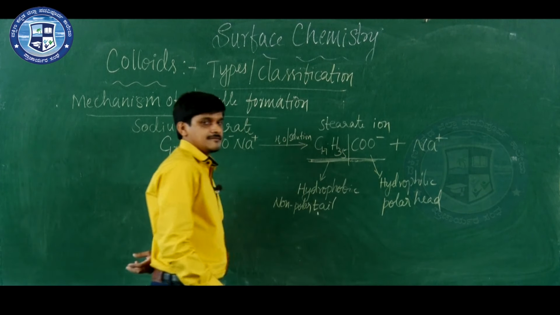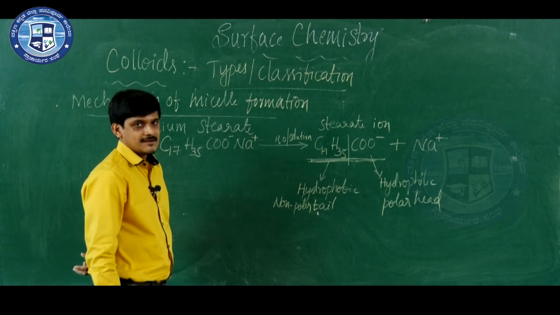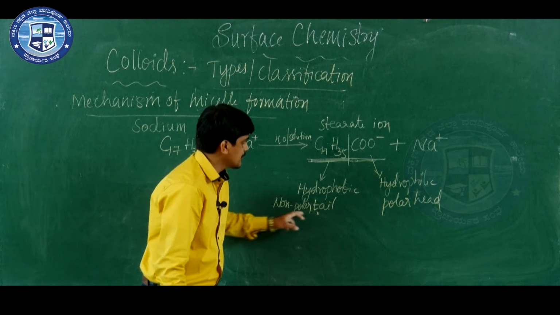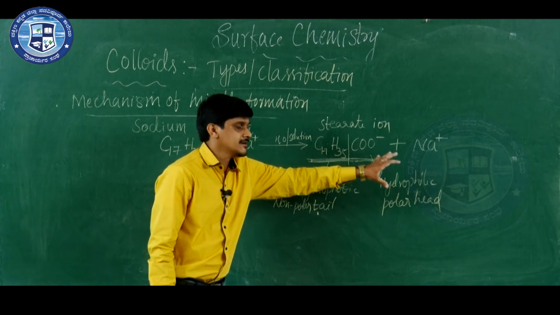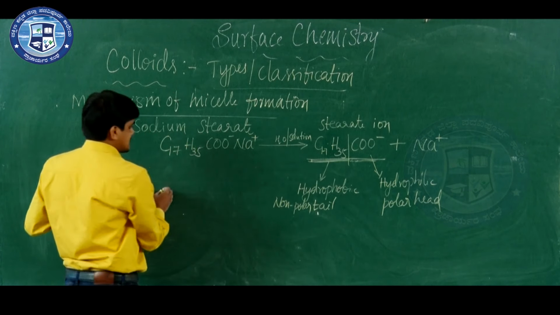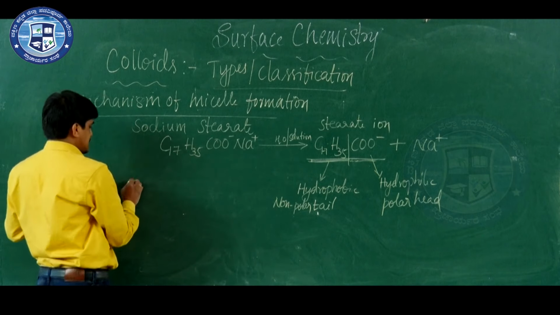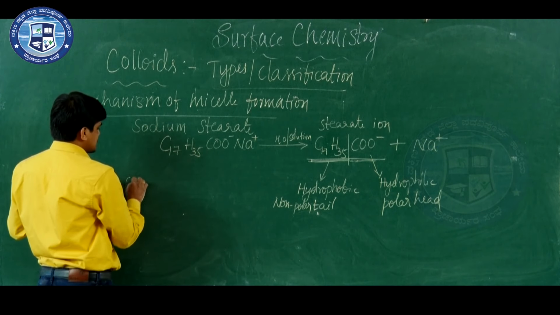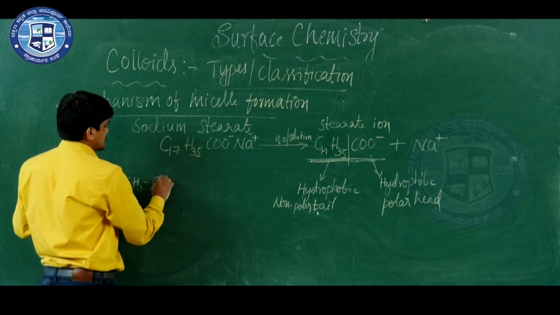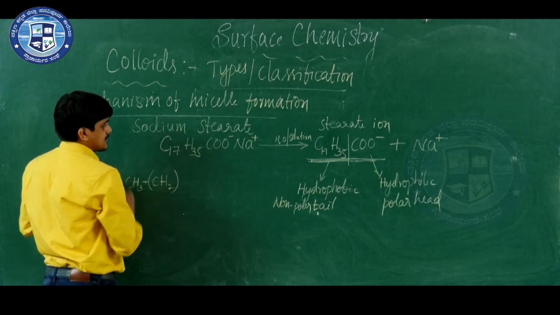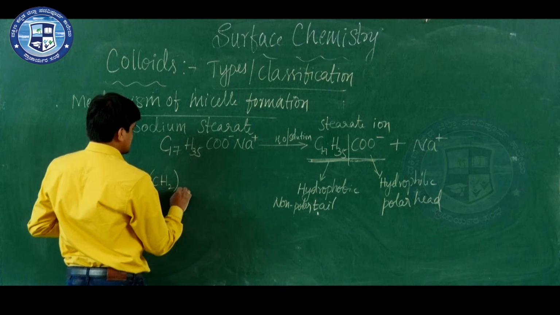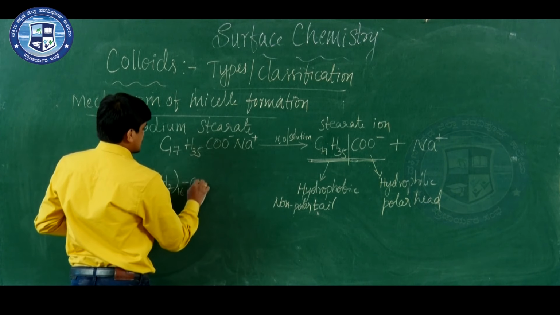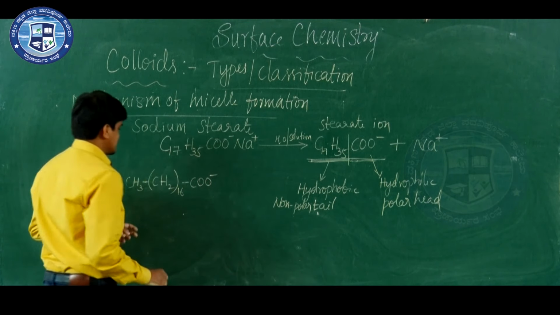So we will write it like this. The non-polar tail is this one and this is the polar head. Because this is a long chain of hydrocarbon, CH3, CH2, 17 carbons, with 16 CH2 and then COO minus.